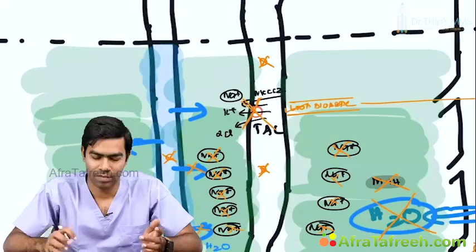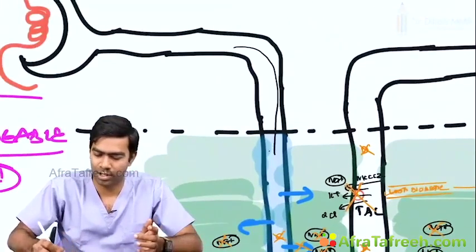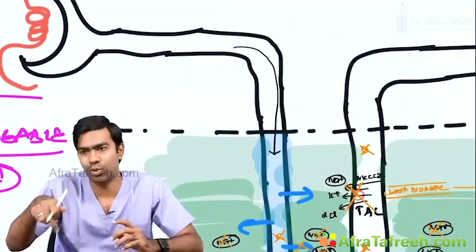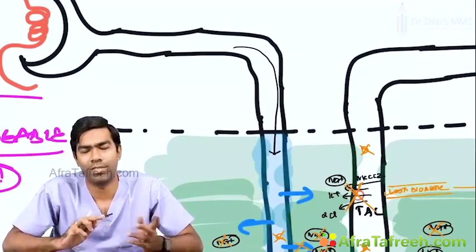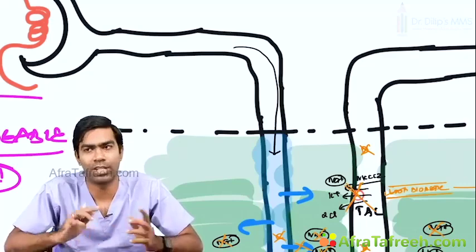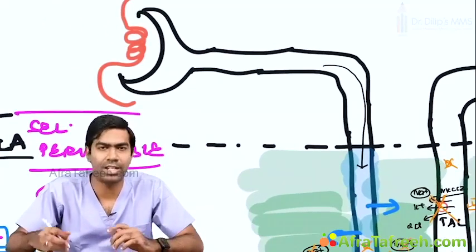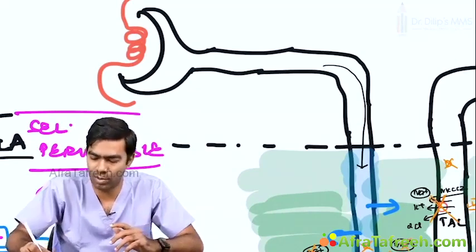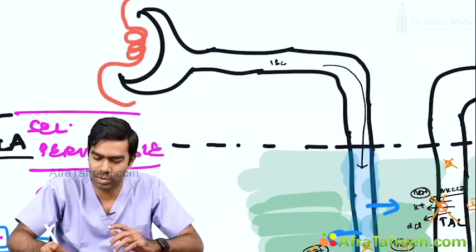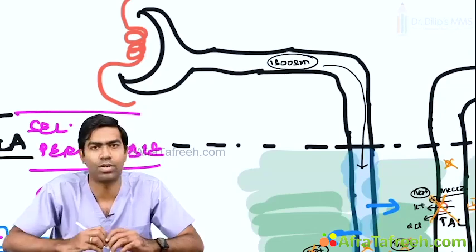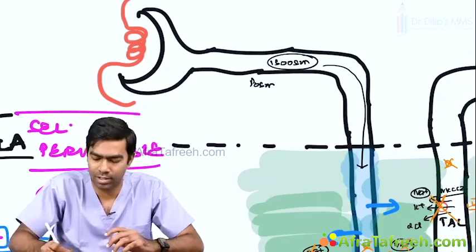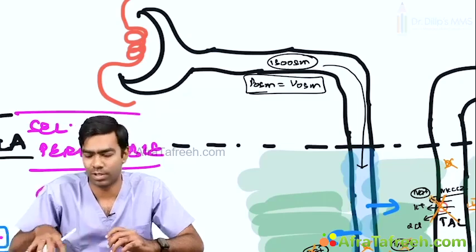When you lose both the concentrating ability as well as the diluting ability of the nephron, whatever urine comes through from the PCT to the descending limb of the loop of Henle, the same thing will be passed out of the nephron. You know what urine is coming from the PCT. The PCT usually produces isoosmolar urine, where the urine osmolality will be equal to the plasma osmolality.